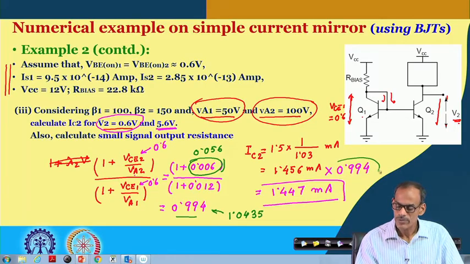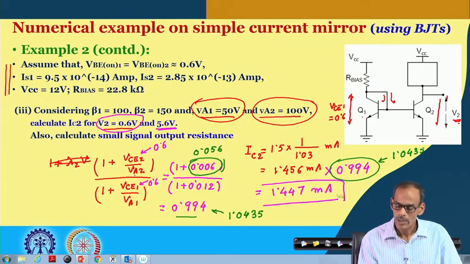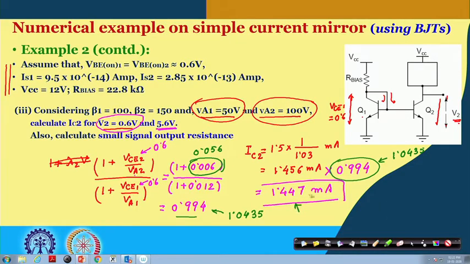So, instead of 0.994, we need to replace this by 1.0435, and the corresponding current here, instead of 1.447, we have 1.456 multiplied by this factor.